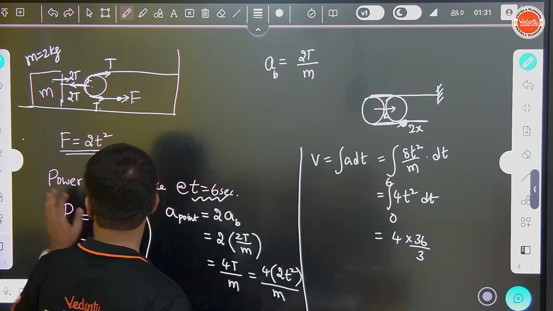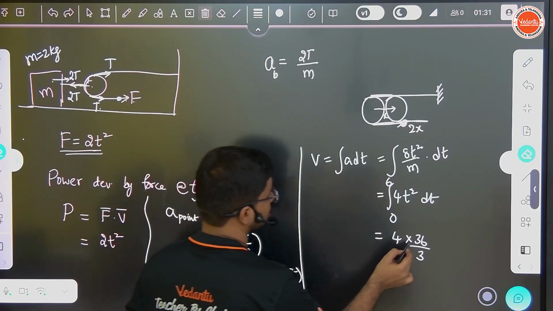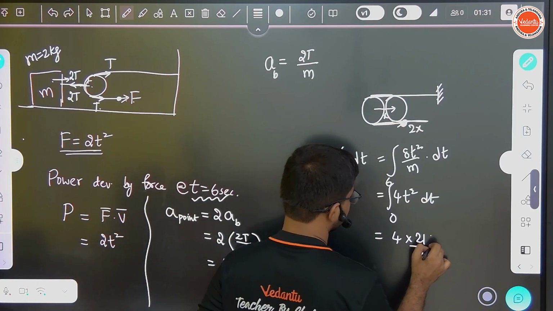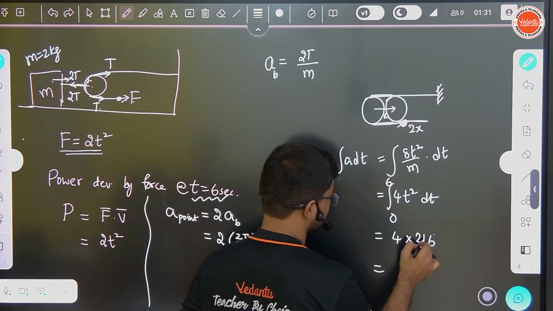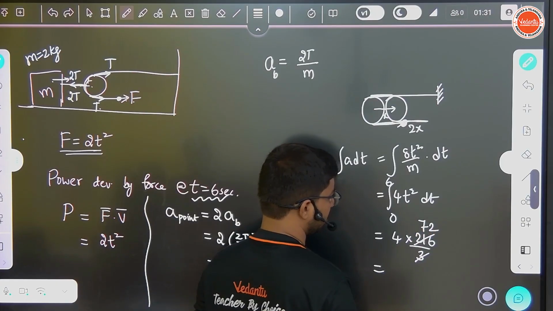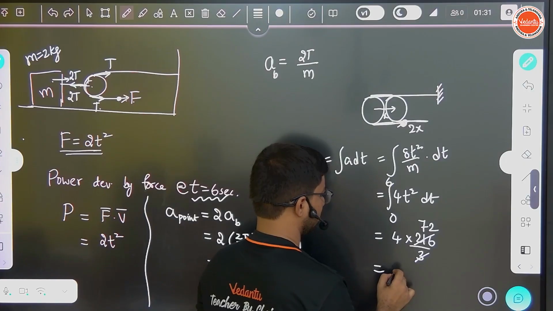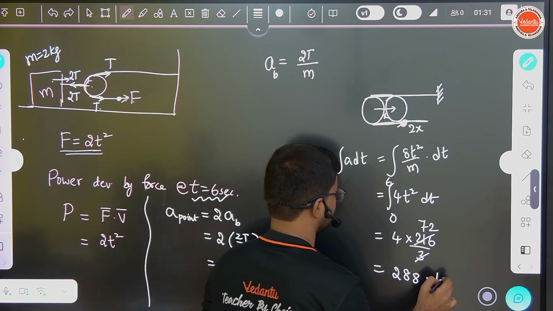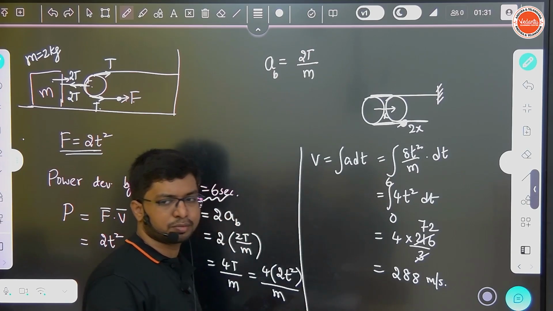That is 6 cube, 6 cube is 216. So what is this equal to? 72. 72 times 4 is 288. So 288 meter per second is the velocity of this particular object.